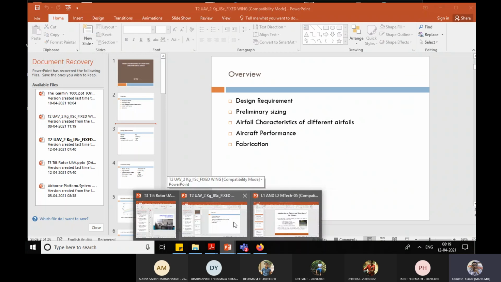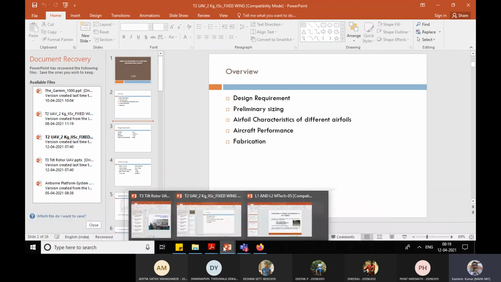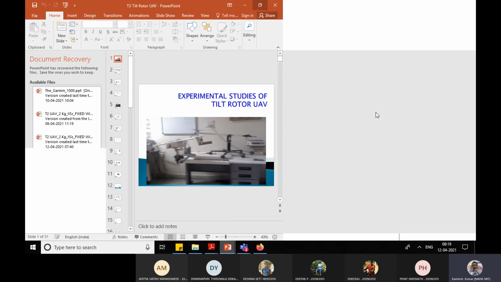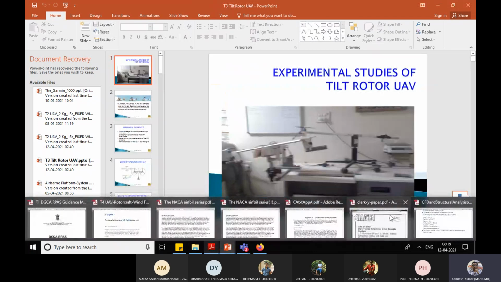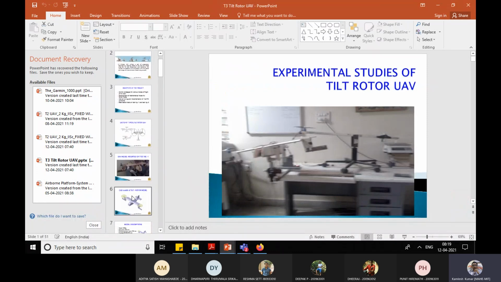I will explain 1 or 2 models designed for either 7 kg or 8 kg maximum weight, and one case study related to internal testing. I will show you one set of internal testing data, the ISC related data, and then experimental test protocols.